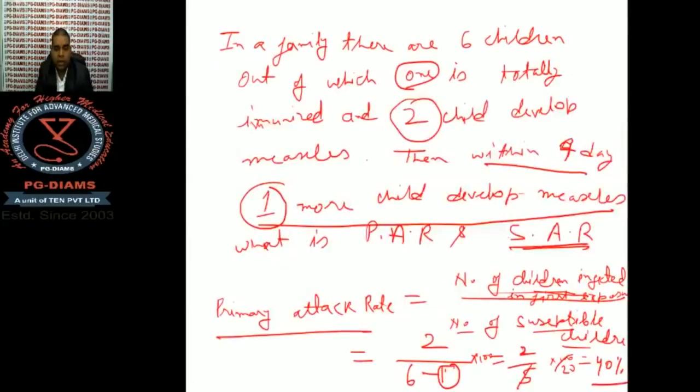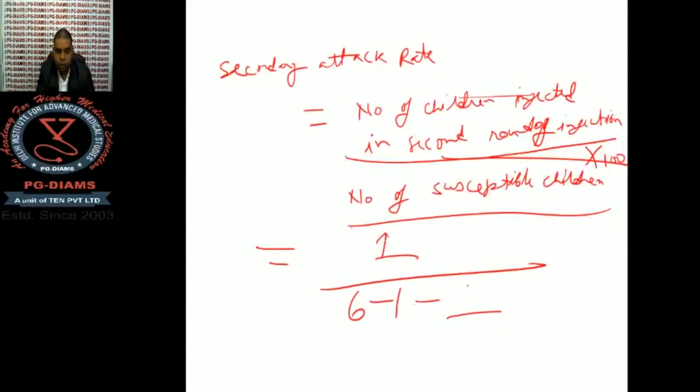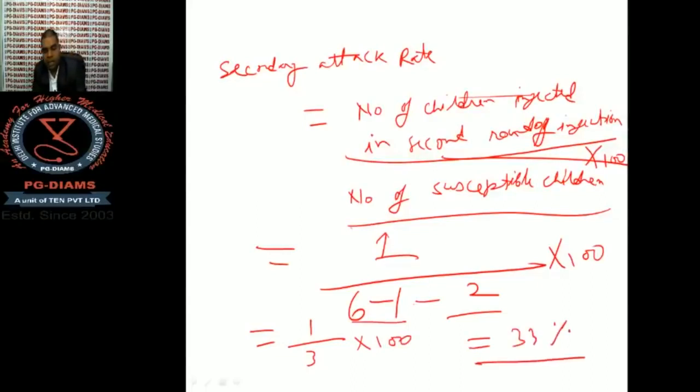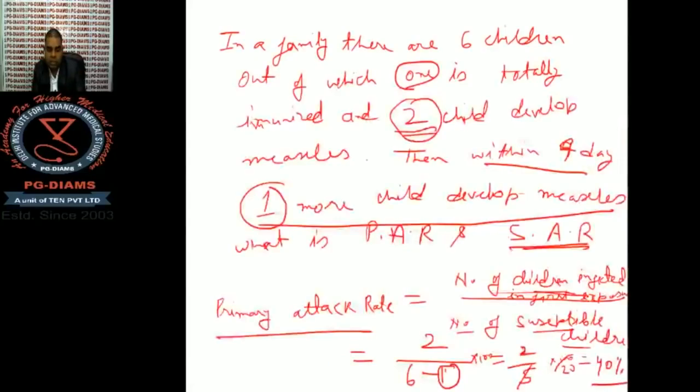What are those children? 2 children developed infection in the first round. So we also subtract 2 from here and then multiply by 100. The answer will be 1 by 6 minus 1, which is 5, 5 minus 2 will be 3, so 1 by 3 into 100. So the secondary attack rate will be 33% and the primary attack rate will be 40%.